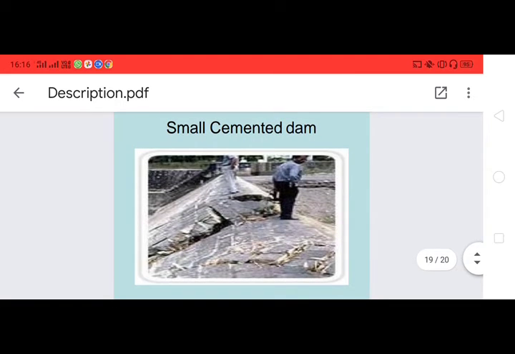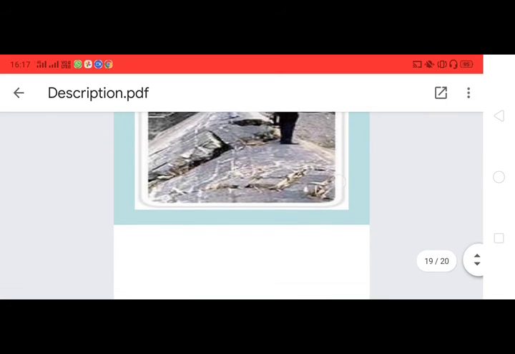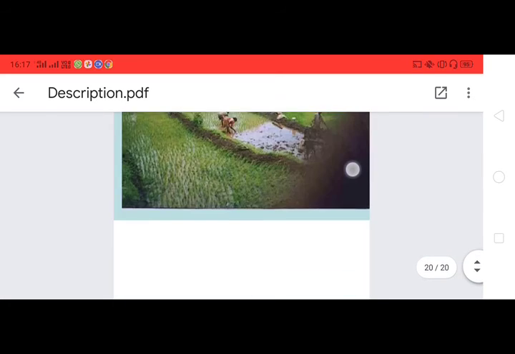A cemented dam can also be introduced to reduce soil erosion where the soil is sandy and there is a tendency for soil particles to be washed out by the velocity of the water. So this type of small cemented dam is introduced.